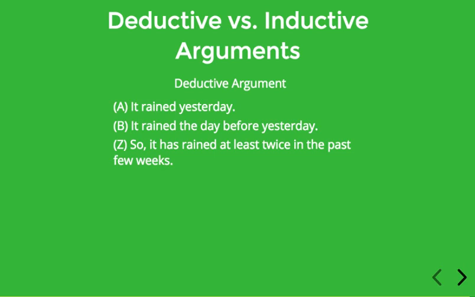Basically, you're saying, here's two particular instances of rain. You're not generalizing or predicting anything on the basis of that, which would make it an inductive argument. You're just reformulating that information, right? So if it rained yesterday and the day before, then that's 2 times that it's rained in the past week. So if the premises are true in this example, the conclusion simply has to be true. It's definitive proof. So that would make it a good deductive argument and not an inductive argument.